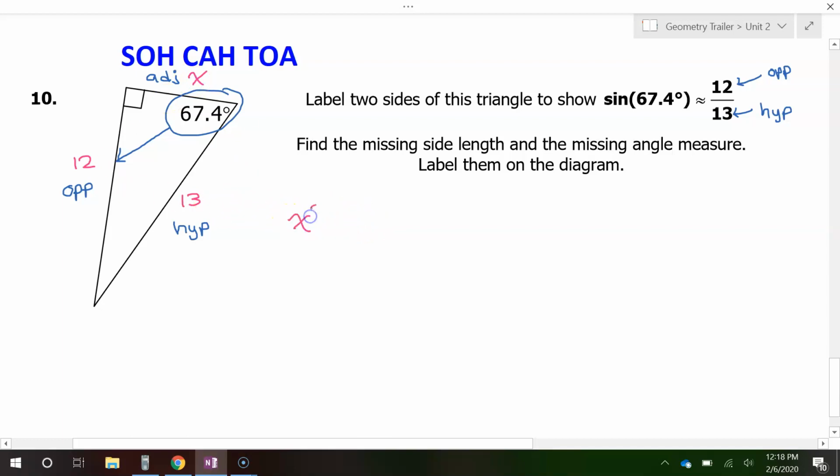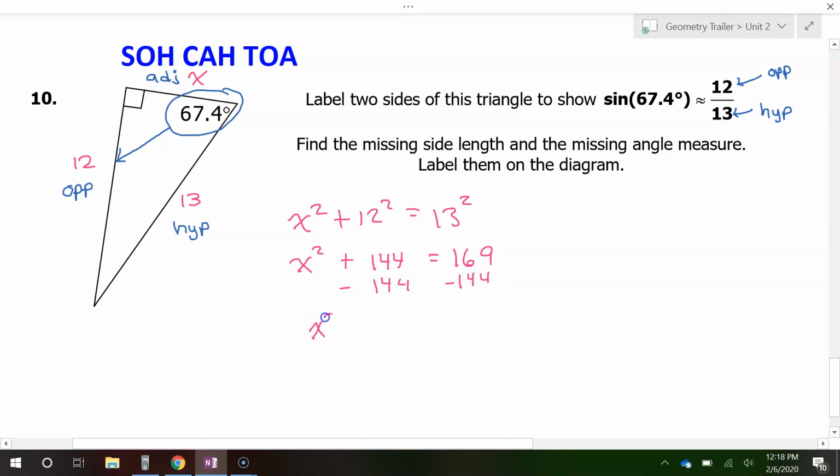So when you do your a squared plus b squared equals c squared, just remember to put the hypotenuse always in the c position over here by itself. So this will be x squared plus 144 is equal to 169.